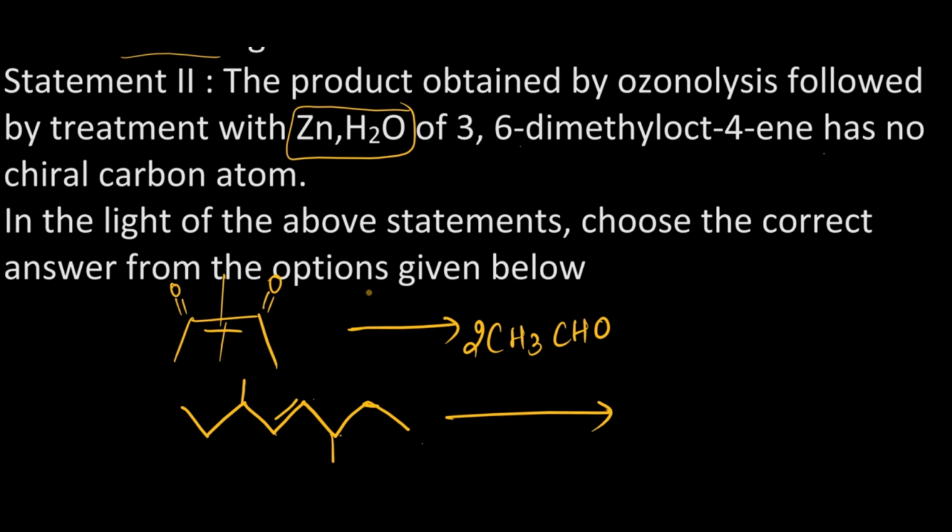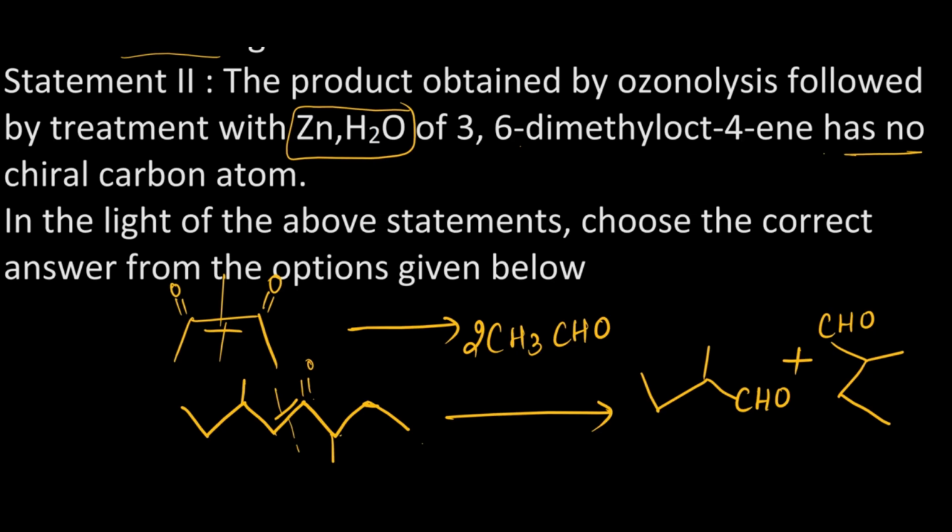Upon doing ozonolysis, break the double bond, put double bond O. Here I will have CHO plus, on this side, CHO bonded with a methyl group.